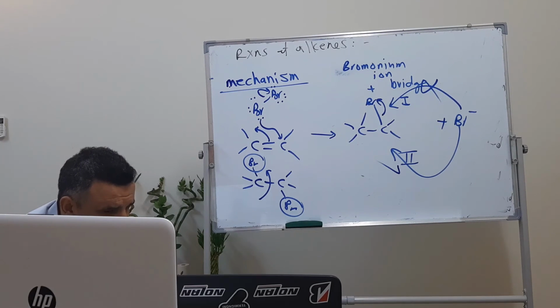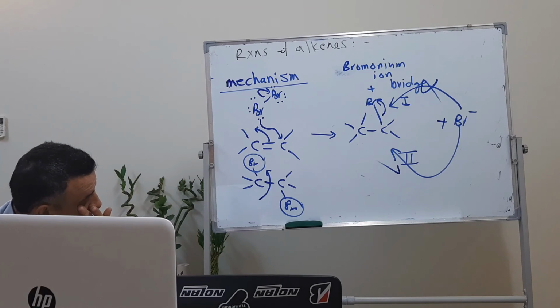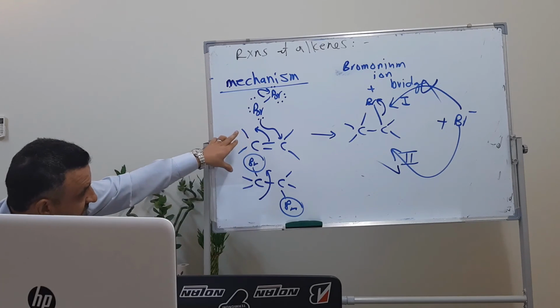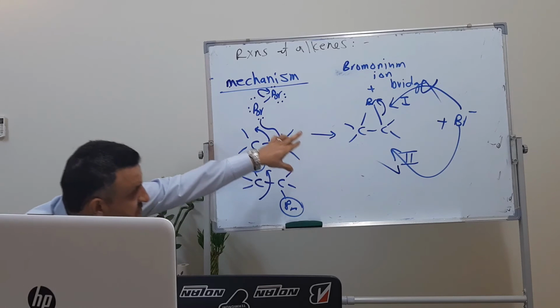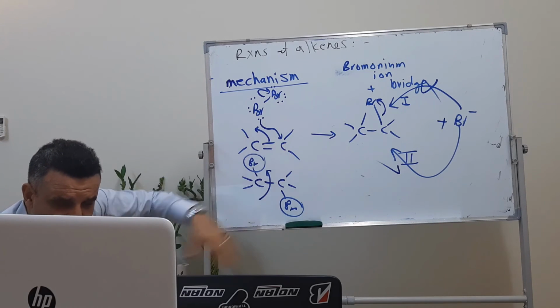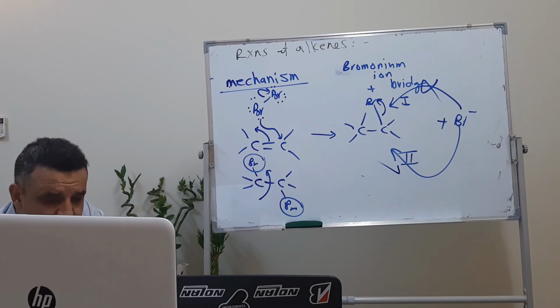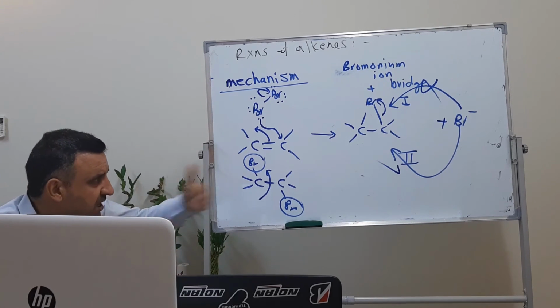Yes, please. Doctor, why do the two bromines attach in the second step? This is simply the intermediate, what we call the bromonium ion bridge. It's the something in between which will lead to the reaction.